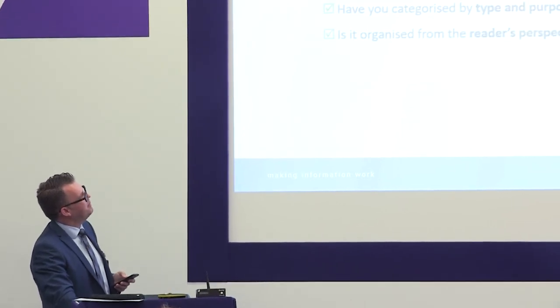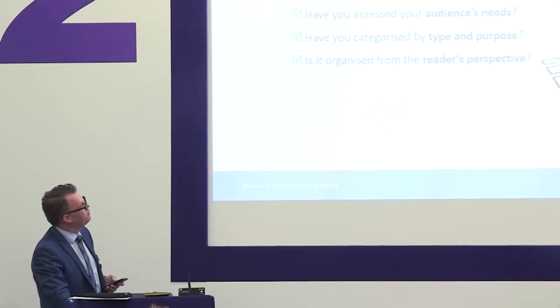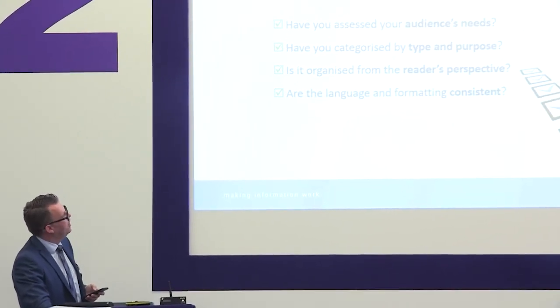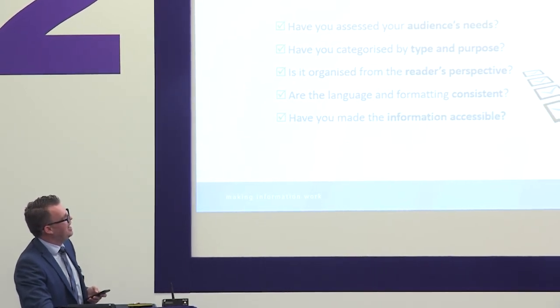Have you categorized by type and purpose? Is it organized from the reader perspective? Are the language and the formatting consistent? And have you made the information accessible? And the last one that we just discovered: is everything presented in small, easily reusable units?